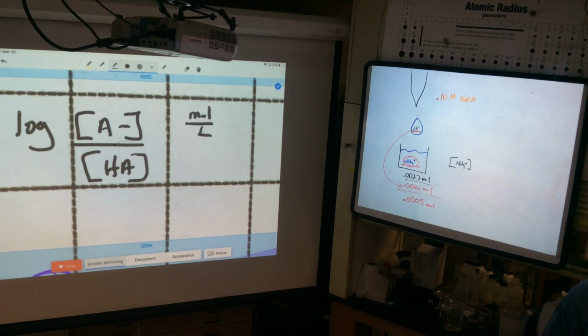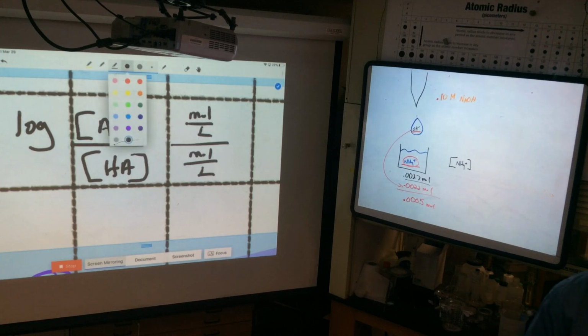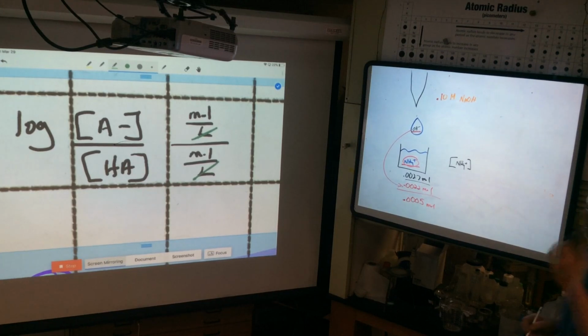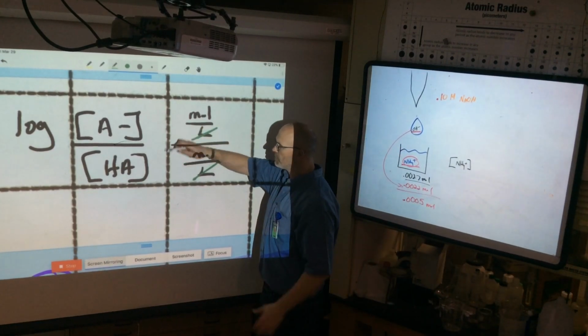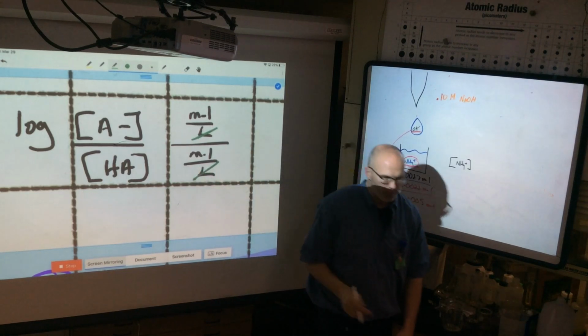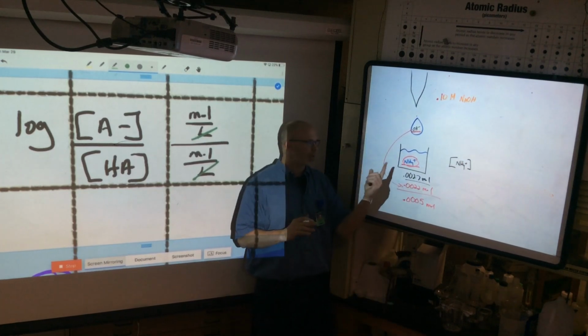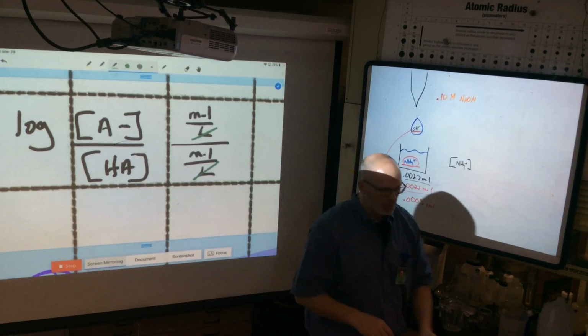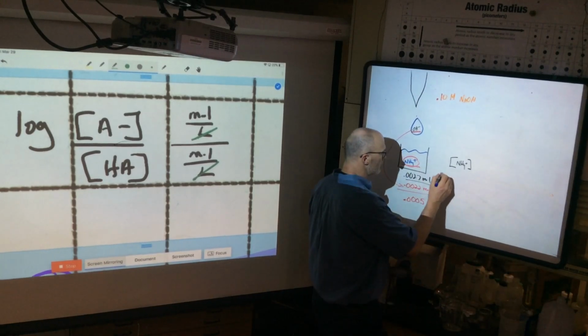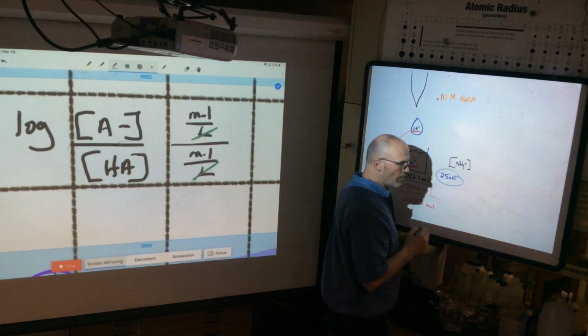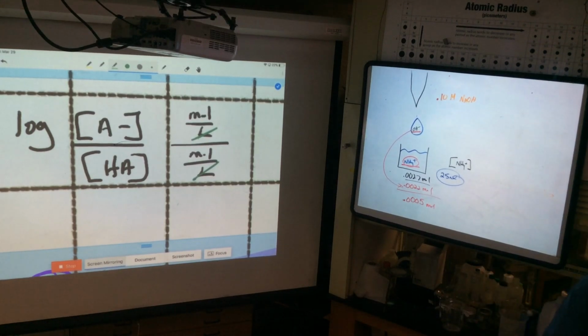Moles over liter divided by moles over liter, you should recognize from basic canceling that you cancel off your liters, and it's really mole over mole, because the volumes of these concentrations are in the same beaker. And of course, to get the volume, we'd have to add the 22 milliliters that was added plus the 25 milliliters. So the fastest way is to throw your moles in there.